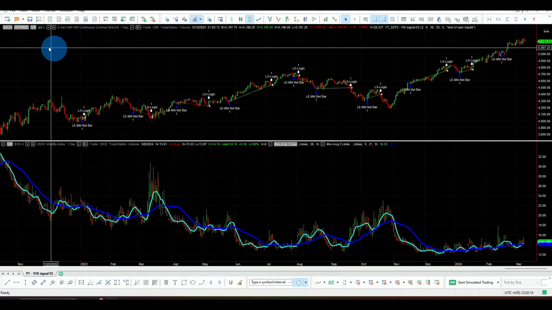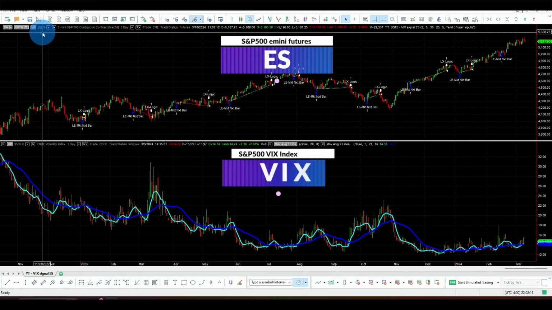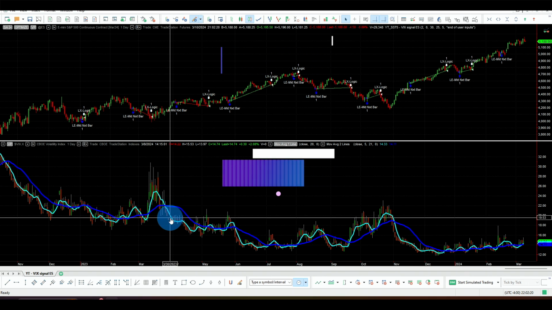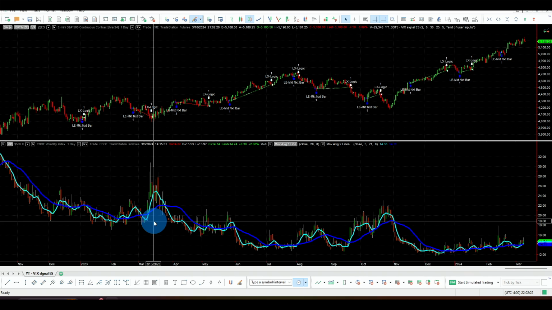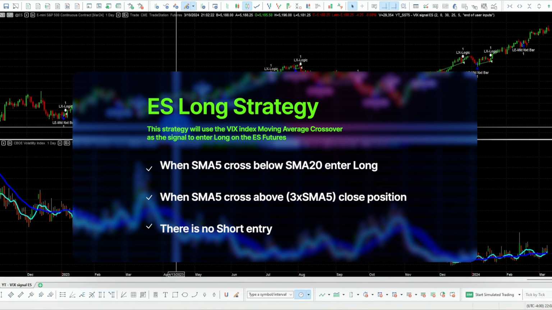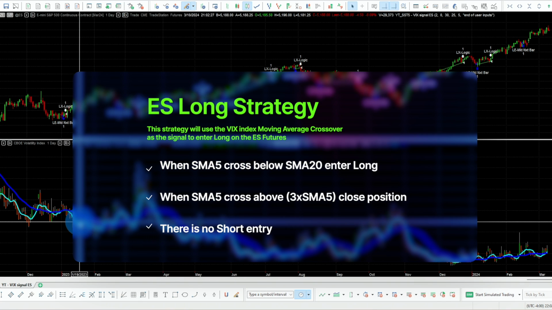So that means we can trade the S&P 500 based on the VIX signal. So here now I have the ES at the top. This is the futures and this is the VIX index. And again, I'm using the same moving average, fast and slow. But this time when they cross, I am trading the ES instead of the VIX.